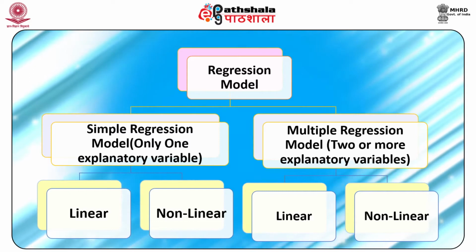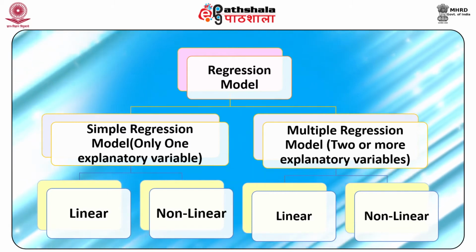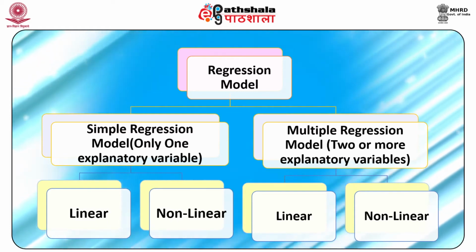So in a way we have a four-way classification of regression models divided into simple and multiple, and each one of them further divided into linear and non-linear regression models. In simple regression model, the number of independent variables is 1, while in multiple regression model it is more than 1. The term linearity also has different meanings.